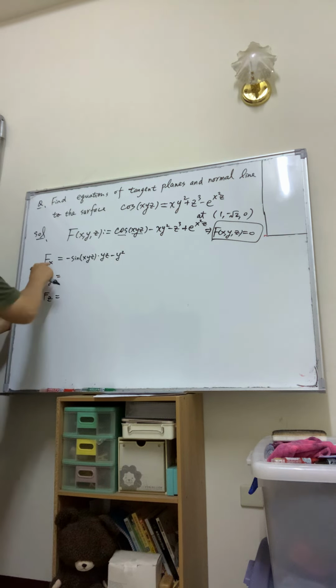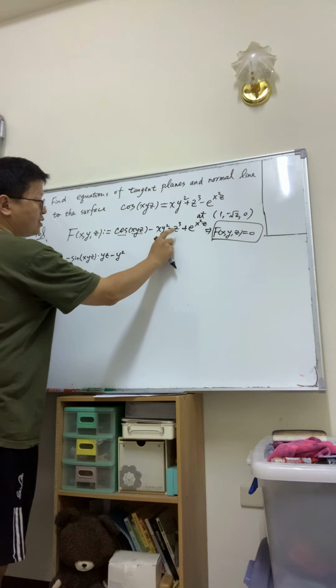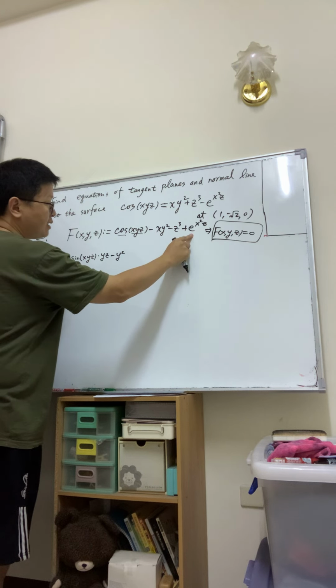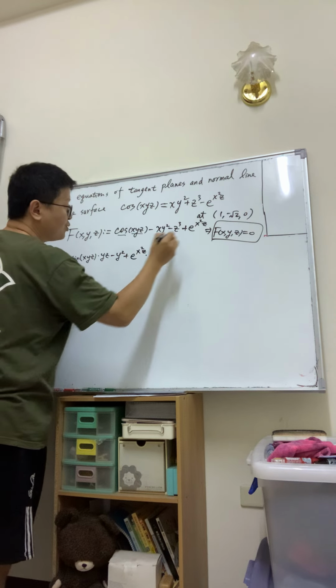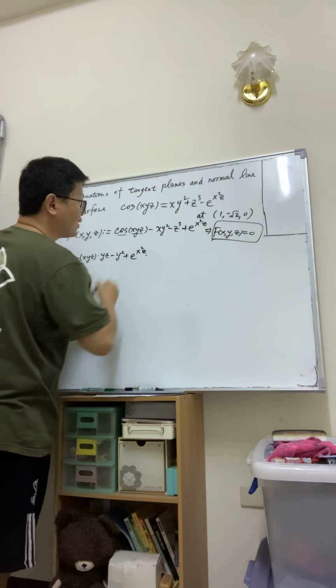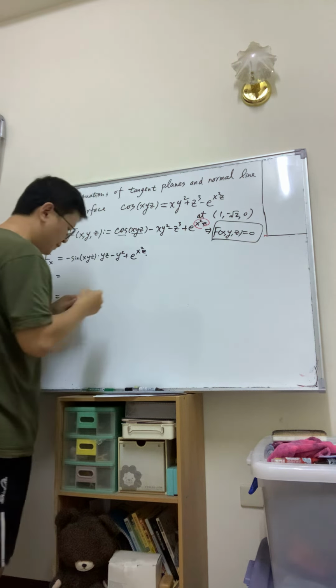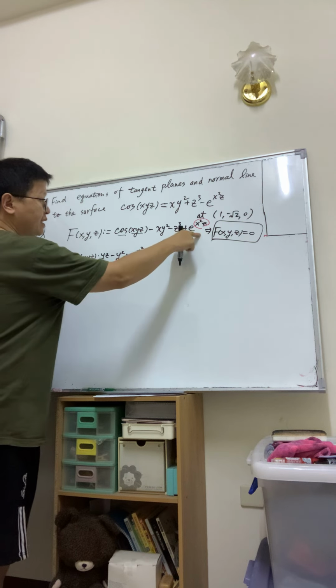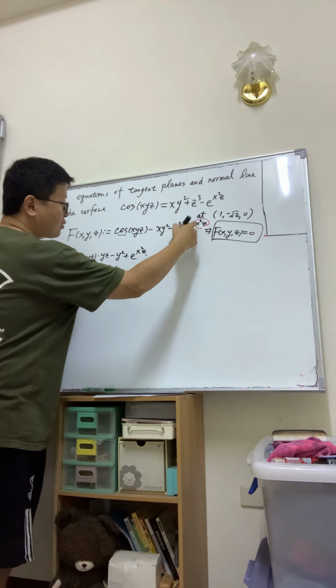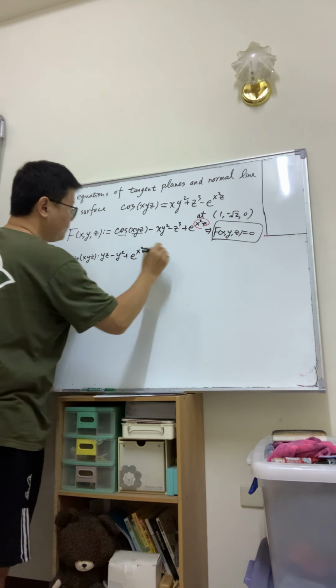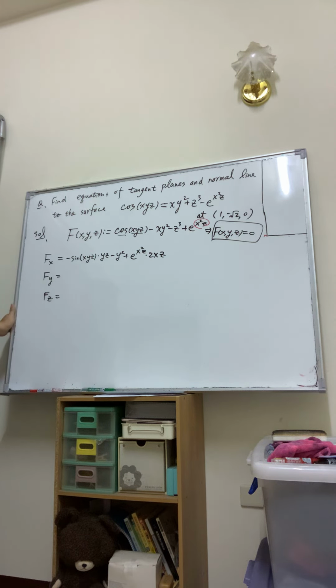Now the variable is x, so z cubed is constant and its derivative is 0. This one, its derivative is itself, but we should multiply by the derivative of the inside function. Now z is constant, keep it, and the derivative of x squared is 2x z. So that's the first one.